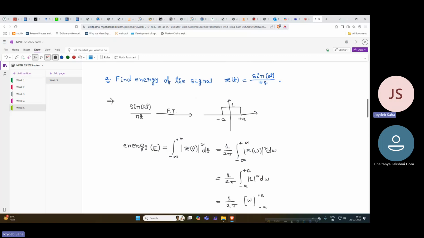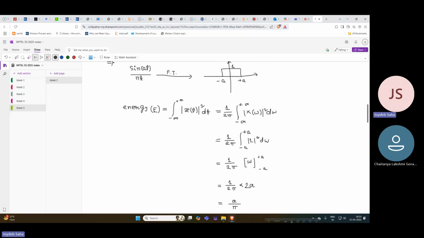Energy is integral from minus infinity to plus infinity of |x(t)|^2 dt, equal to 1 upon 2 pi integral from minus infinity to plus infinity of |X(omega)|^2 d omega. Then we are putting the value from minus a to plus a and pushing it in the integration. We are getting a by pi, right? Please understand it.